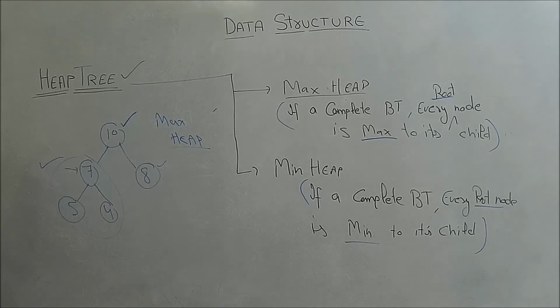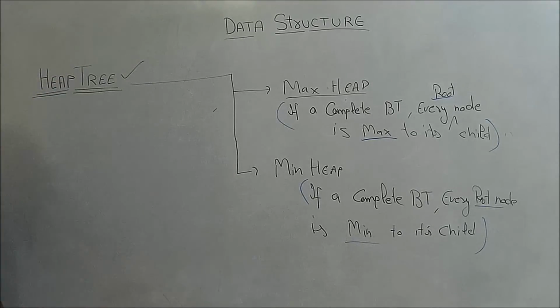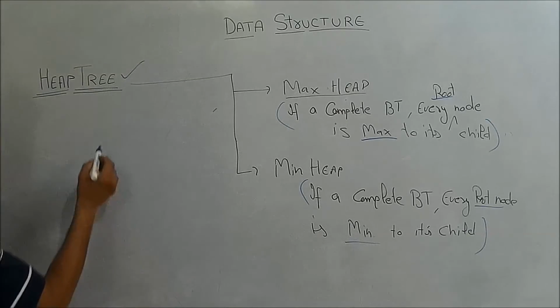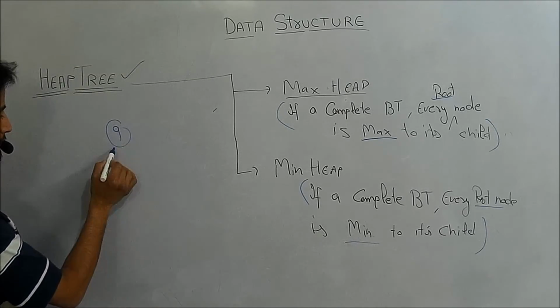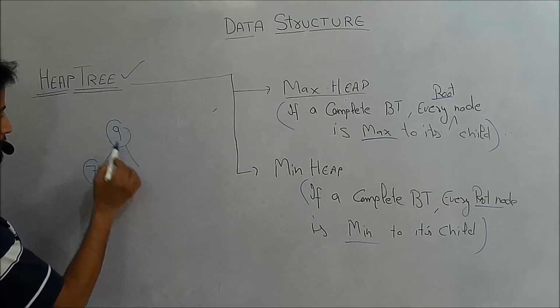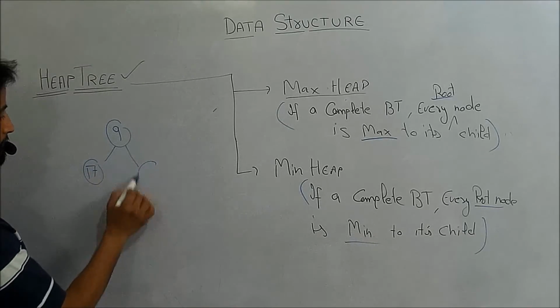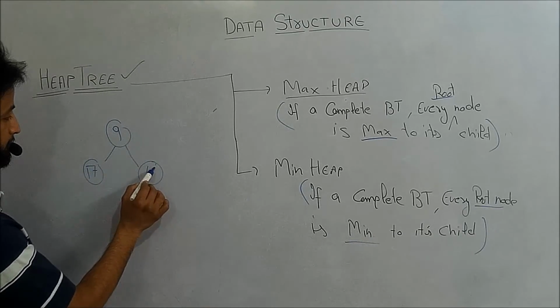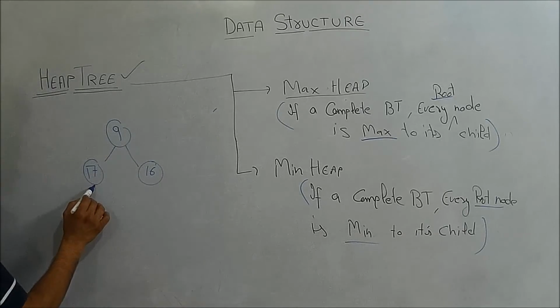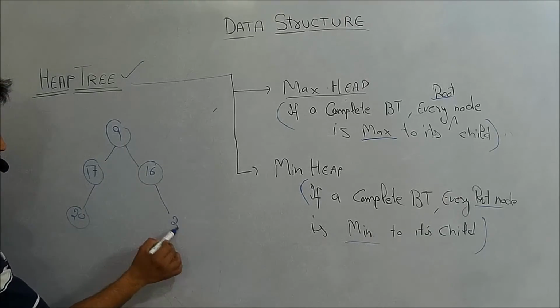Okay, so if we have a case in which we have 9, 7, 17, 16, and here we have 20 and here we have 21.